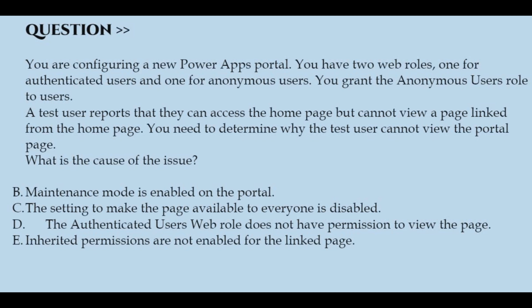Option A, maintenance mode is enabled on the portal. Option B, the setting to make the page available to everyone is disabled. Option C, authenticated users web roles does not have permission to view the page. Option E, inherited permissions are not enabled for the linked page. The correct answer is option D.